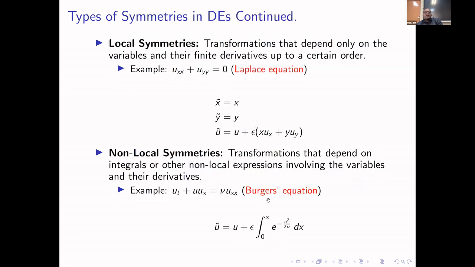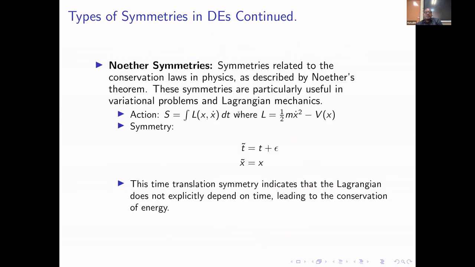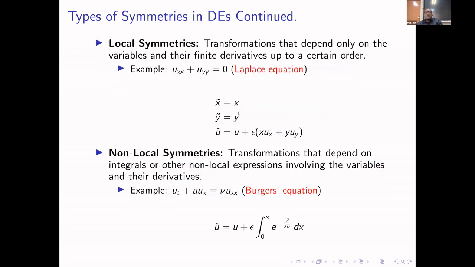Then for local symmetry, these are the transformations that depend only on the variables and their finite derivatives. So you can even get more derivatives from the transformation, such as the second derivative. It depends on the equation you are investigating. If you look at this Laplace equation, you can see the transformation that is involved there.